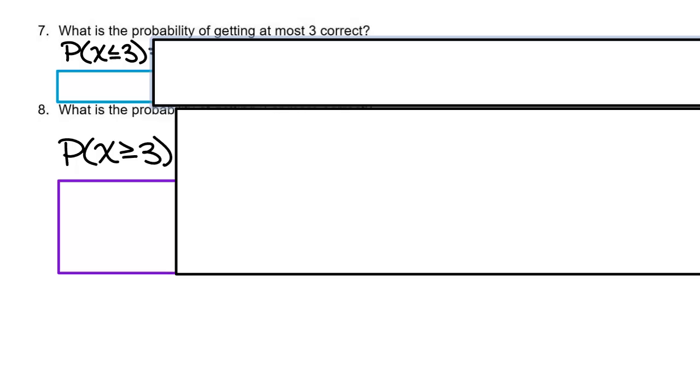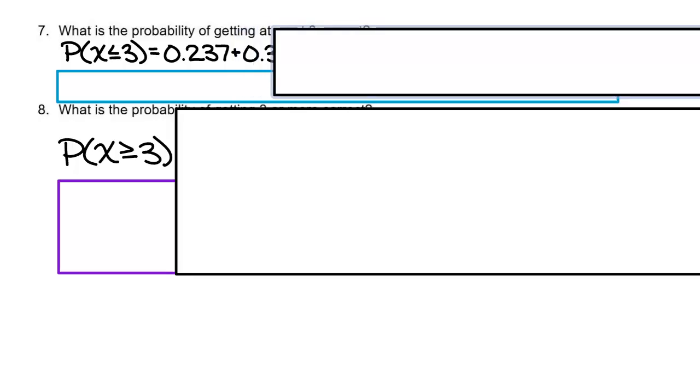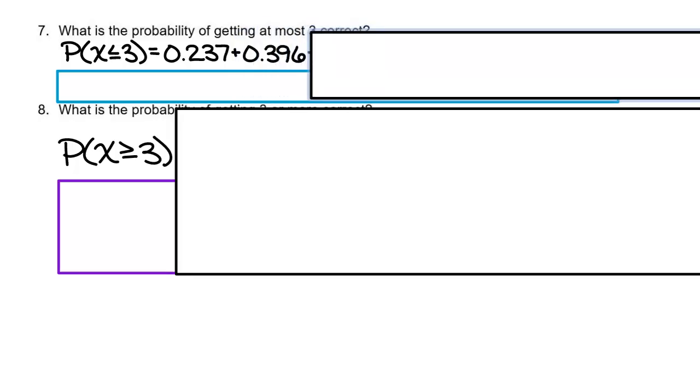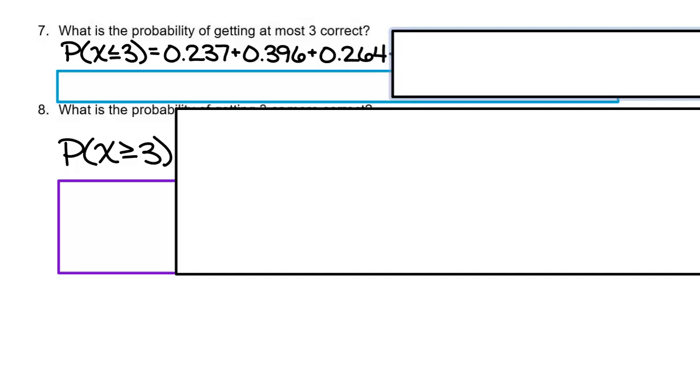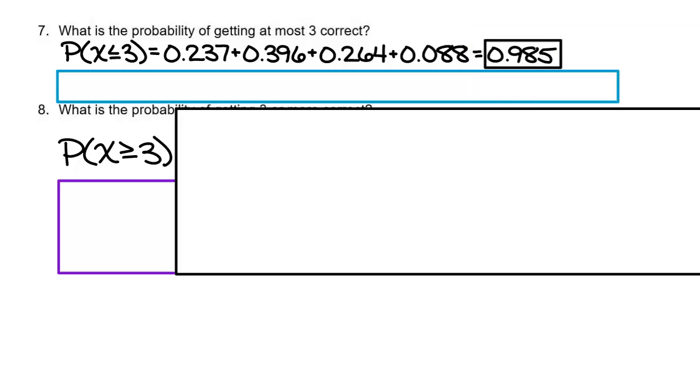So we're going to add the probability of getting 0 correct, plus the probability of getting exactly 1 correct, plus the probability of getting exactly 2 correct, plus the probability of getting exactly 3 correct. And what do we get? What'd you say? 0.985.